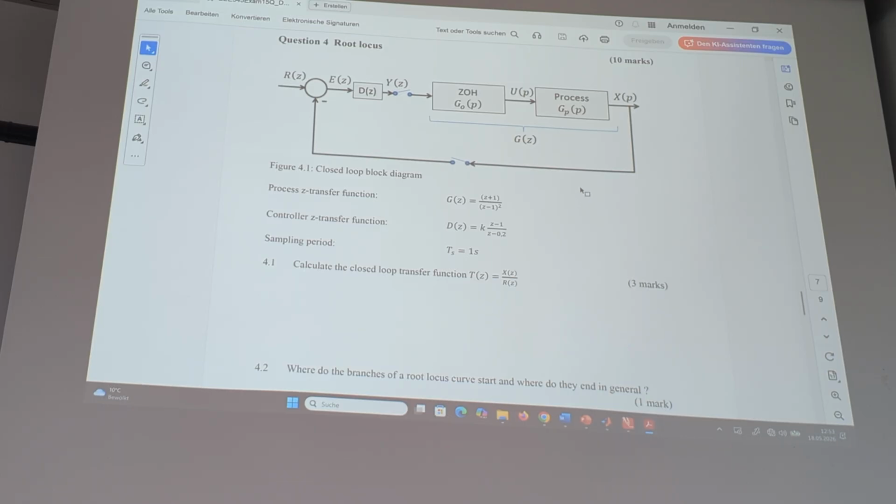Okay, so how does that work? What's the closed loop transfer function here? Let's name T of Z as a function of D and G. Was it 1 plus T divided by T or something like that?